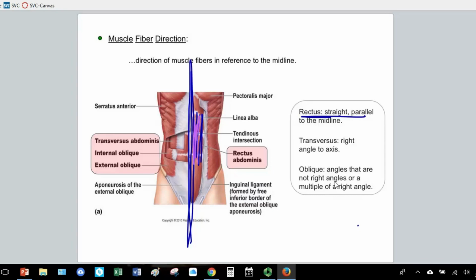Transversus means at a right angle to the axis. So the transversus abdominis, the deepest of the abdominal muscles down there, runs at a 90-degree angle to this midline. And then oblique means angles that are not right angles and not parallel. The internal and external abdominal obliques, those muscle fibers run at angles that are not 90 degrees or parallel to the midline.